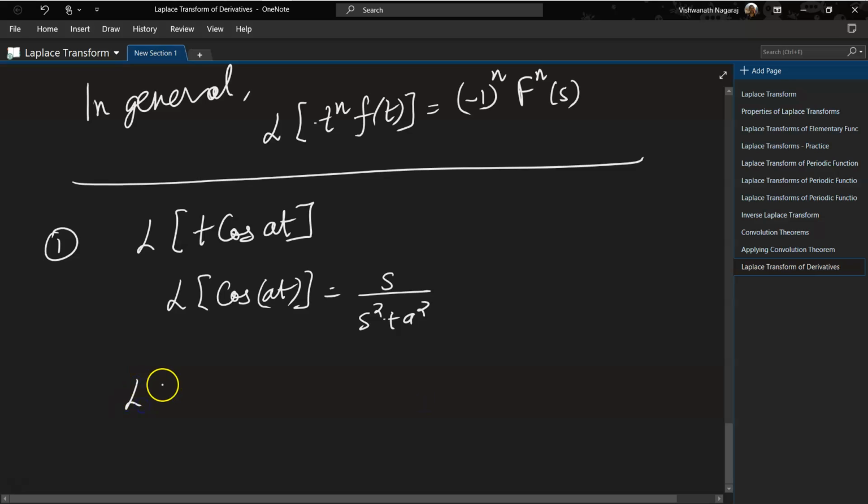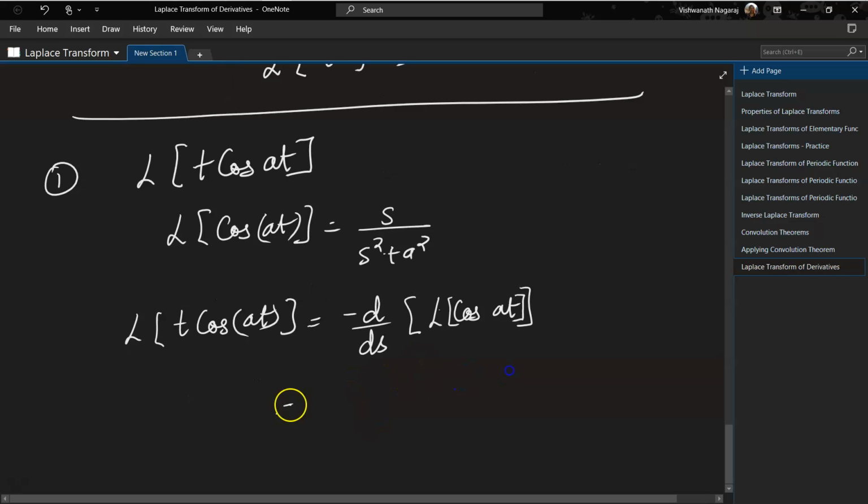So if we want to do it for t cos at, then applying the theorem, minus d by ds of Laplace of cos at, which means d by ds of s by s square plus a square.